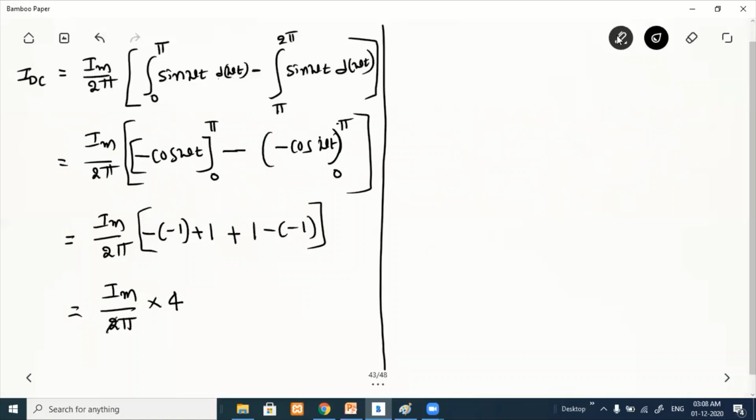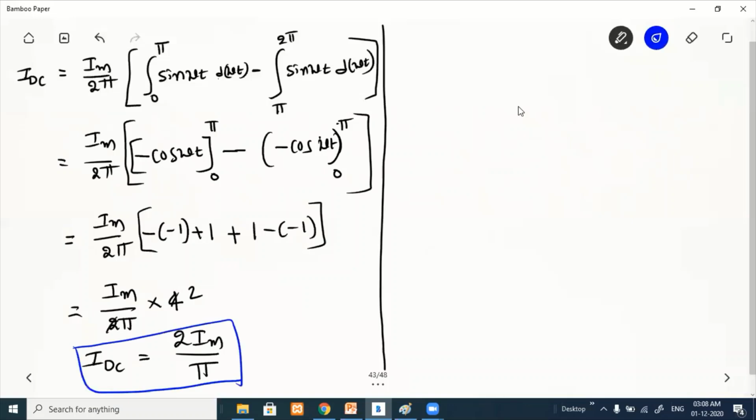Then it is 2 times. So our IDC is equal to 2 Im by pi. So that is the final expression for IDC. These are the limits from pi to 2 pi. Sorry, pi to 2 pi.